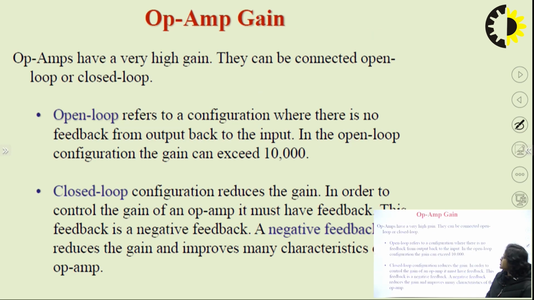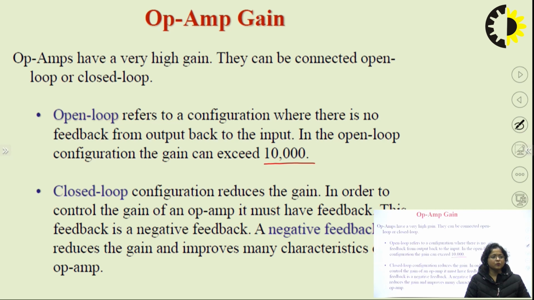So op-amp is basically an IC with a very high gain, and it can be used in open loop or closed loop configuration. In open loop configuration, where there is no feedback path from output to input, the gain is ideally infinite and practically in the range of 10 to the power 5.